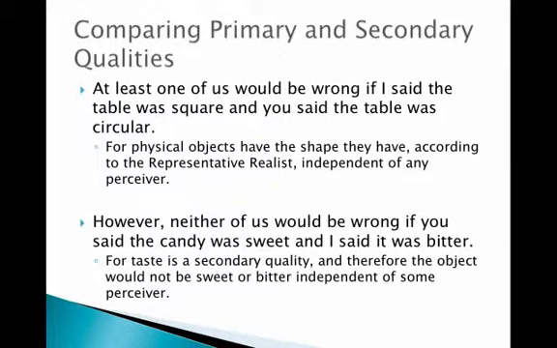At least one of us would be wrong if I said the table was square and you said the table was circular, because physical objects have the shape they have independent of the perceiver. But neither of us would be wrong if I said the candy was sweet and you said it was bitter. For taste is a secondary quality. Therefore, the object isn't sweet or bitter in itself, independently of a perceiver. It's partially dependent on the power to produce sensation in us, but also partially dependent on how you are constituted.